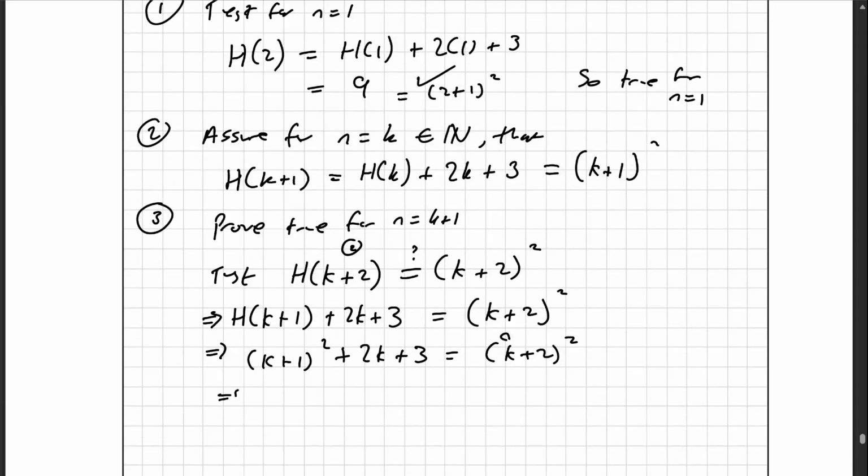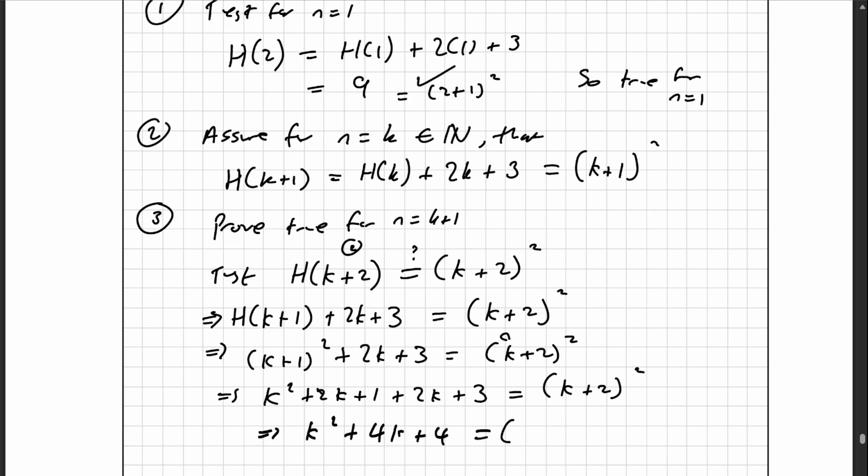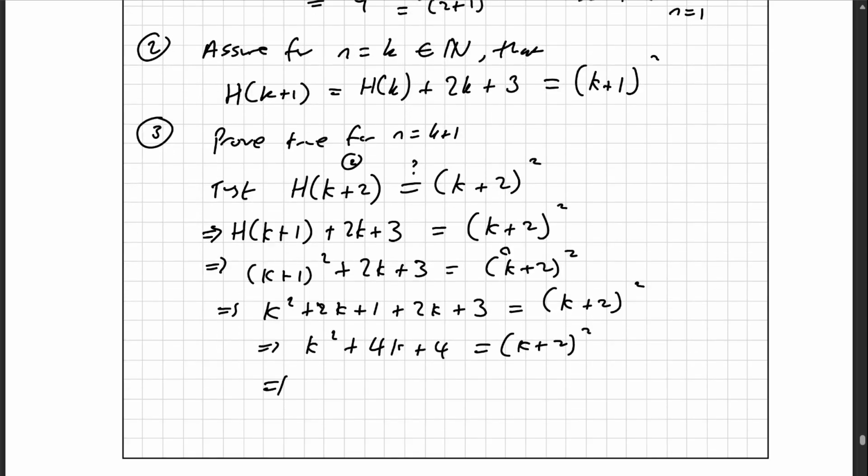Okay, so we'll get k squared plus 2k plus 1 plus 2k plus 3, which is equal to k plus 2 squared. That's going to be k squared plus 4k plus 4. Okay, aha. K squared plus 4k plus 4 equals k plus 2 squared. And if we complete the square on the left-hand side, we're just going to get k plus 2 squared equals k plus 2 squared.